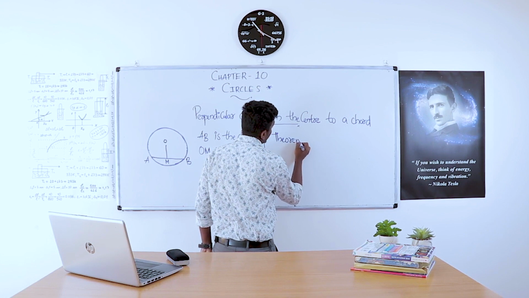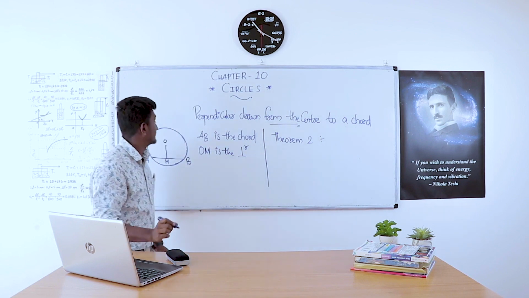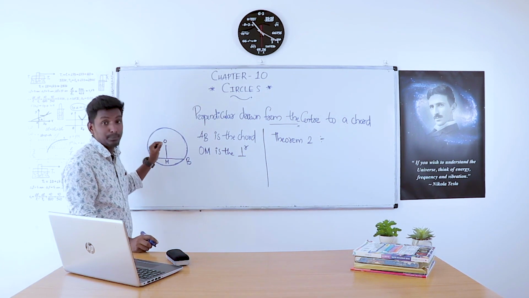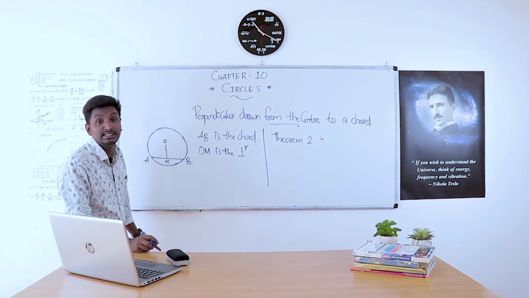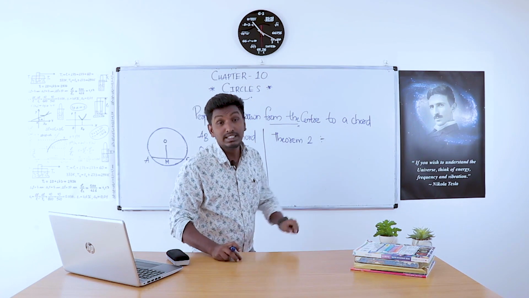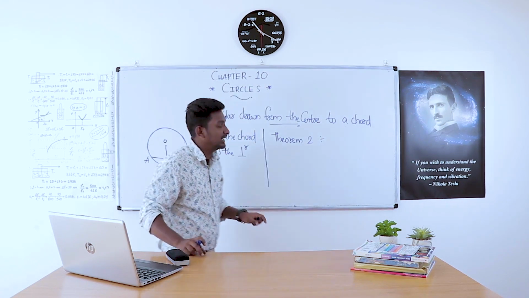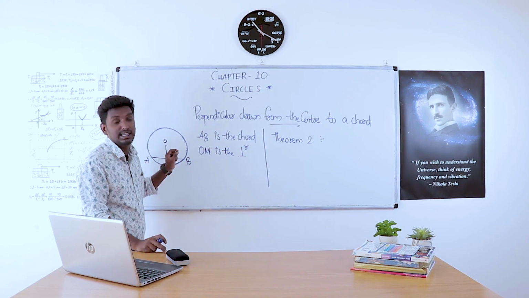Write it down in your notebook, theorem number 2. Theorem number 2 states that a perpendicular drawn from the center of a circle to a chord bisects the chord.